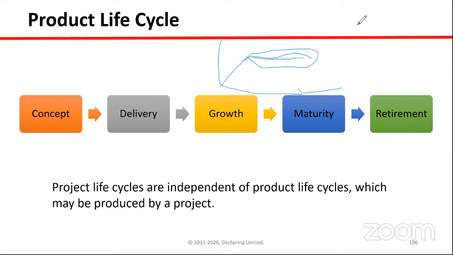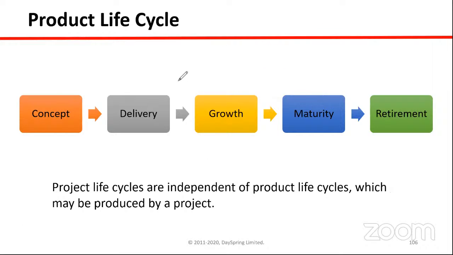But is there any relation between the project life cycle and the product life cycle? Of course, there is a relation, but how can it be absolutely independent or sometimes independent of product life cycle? To understand the concept, you have to think of it independently.